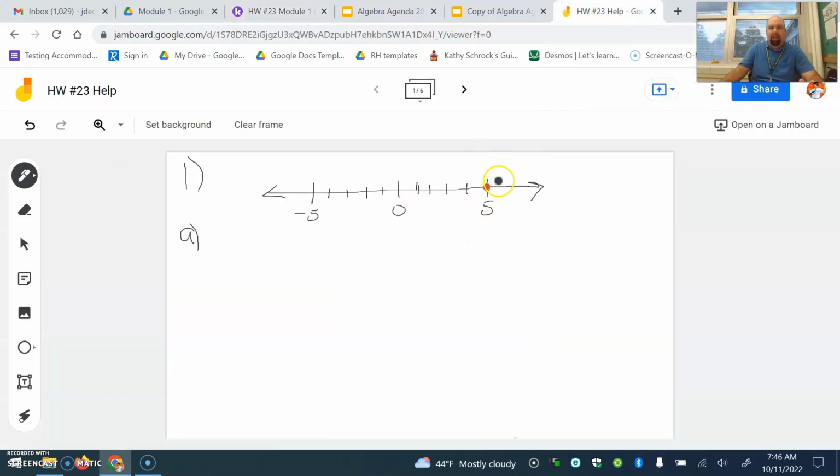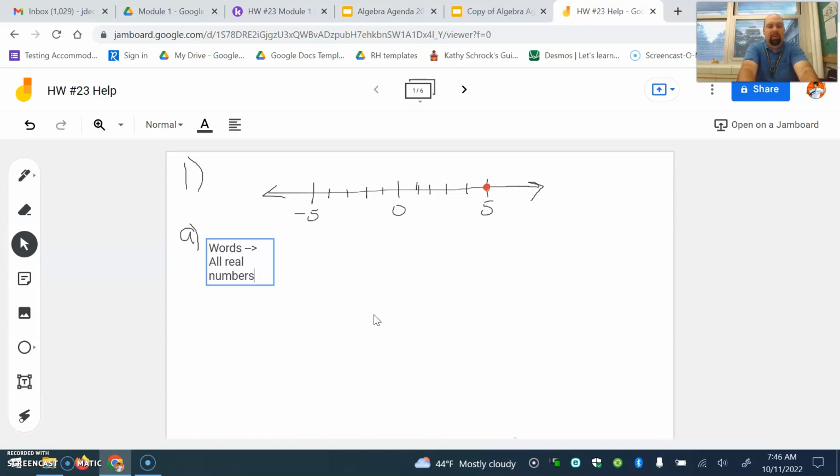The first one has a shaded circle on 5. What that means, in words, is all real numbers equal to 5.